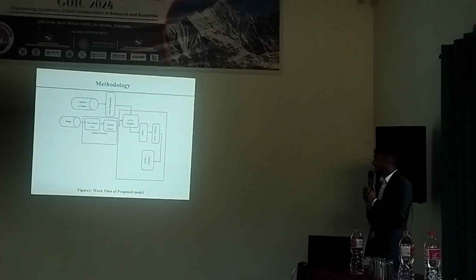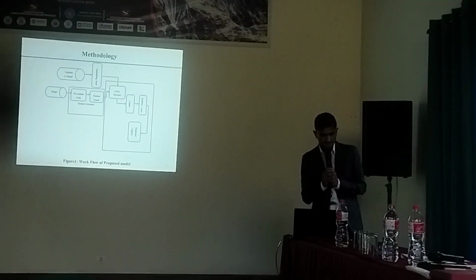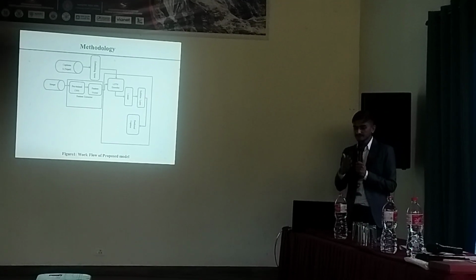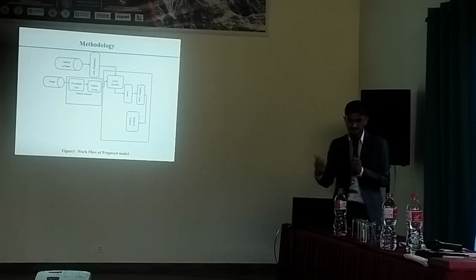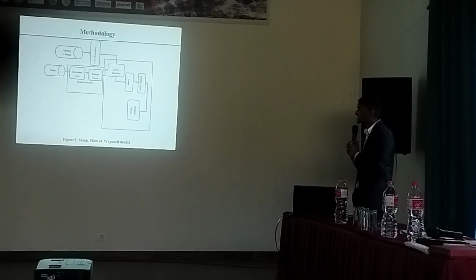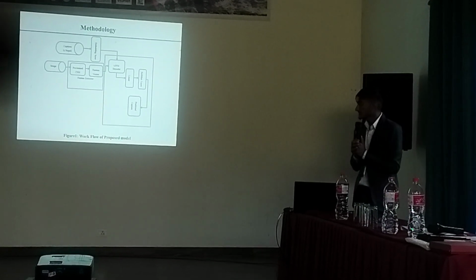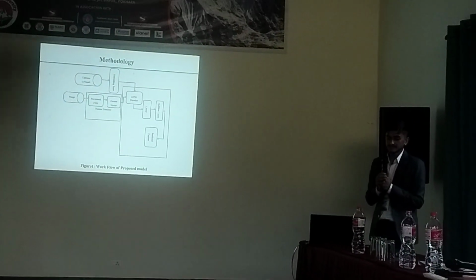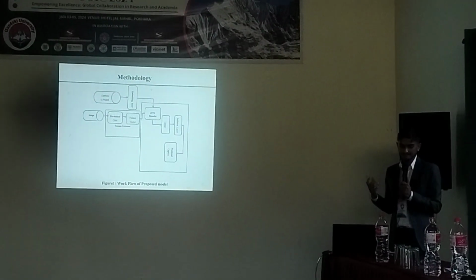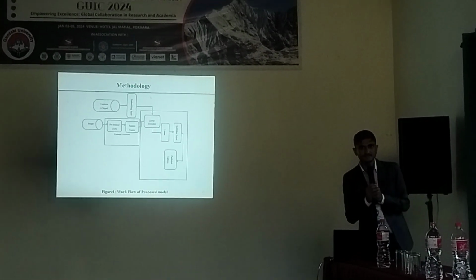So how are we going to make our model? First we have the captions in Nepali and the images in our dataset. The captions in Nepali are passed to the embedding layer to obtain the embedded vector, and the images are passed to the pre-trained CNN network. Here we have used the ResNet 152 version 2 architecture. From there, a feature vector of size 2048 is obtained by extracting the features. These two vectors are passed to the similarity matching network.